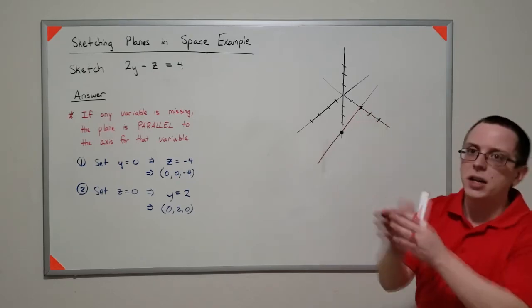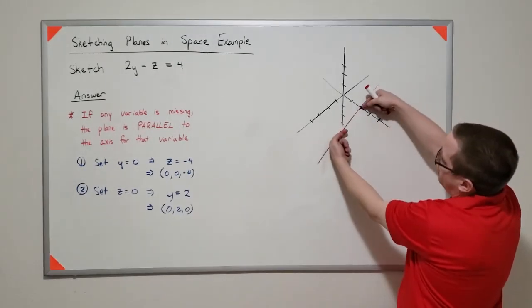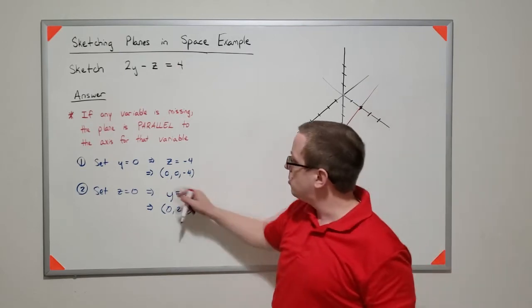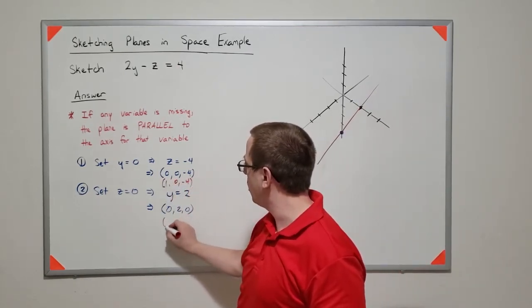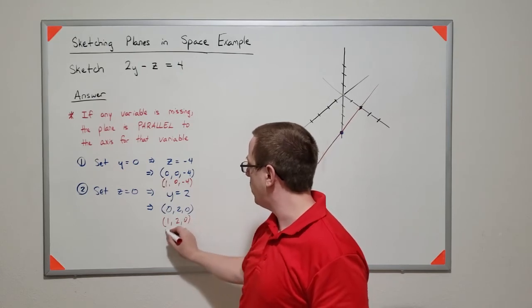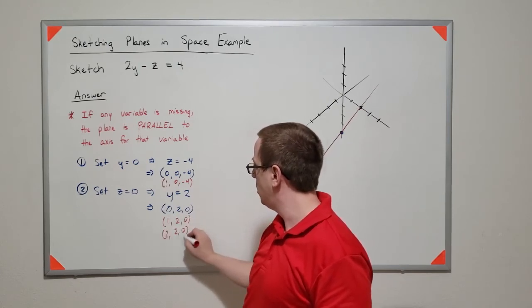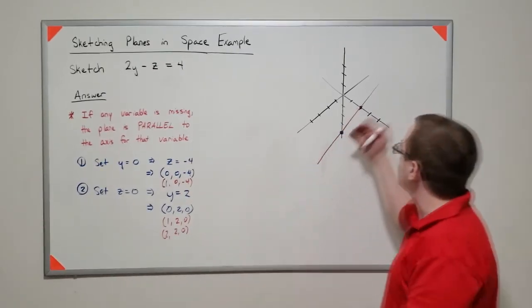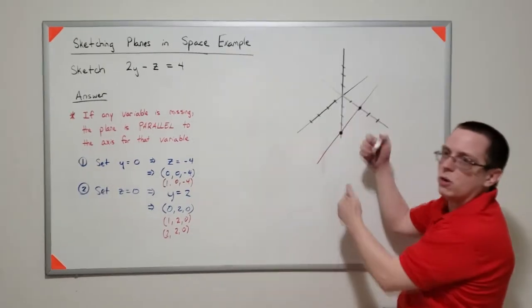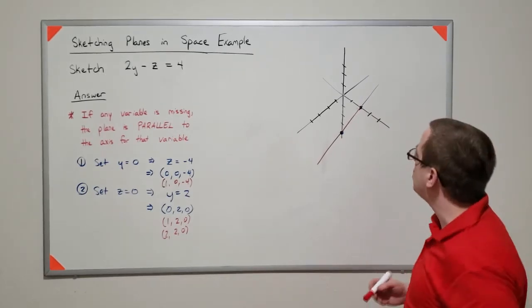So since x can go anywhere, we know that since this point's on there, we also know that that point's on there. We also know that that point's on there, that point's on there, and so on and so forth. The x value doesn't matter, so I could take this line and slide it along the x-axis, and there wouldn't be any issue.